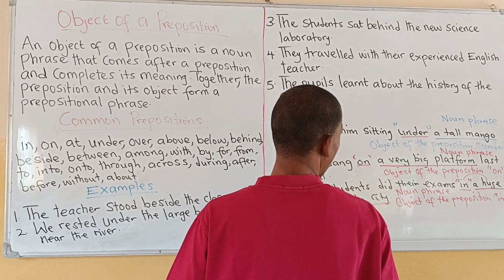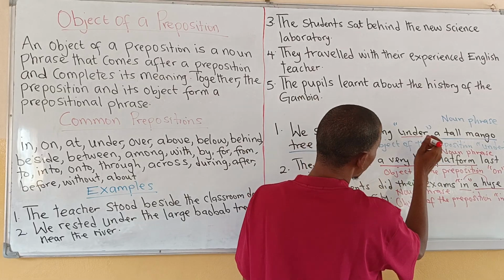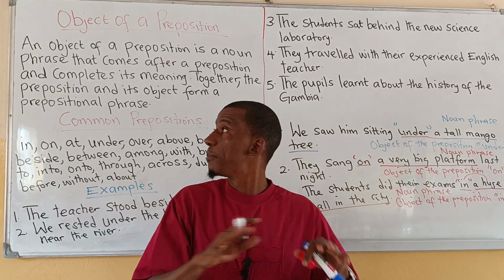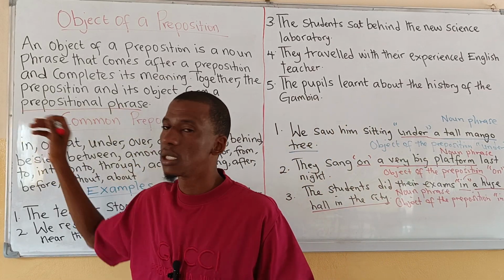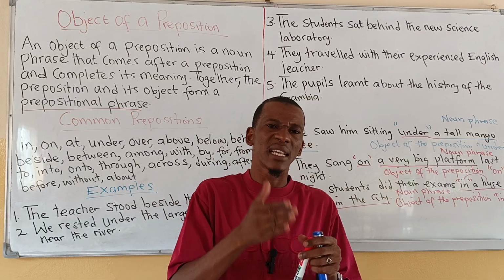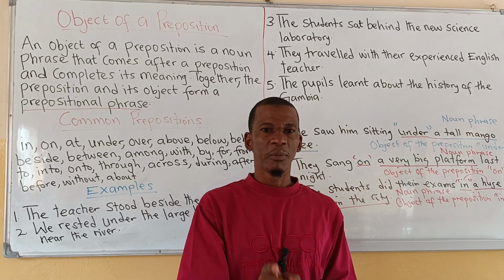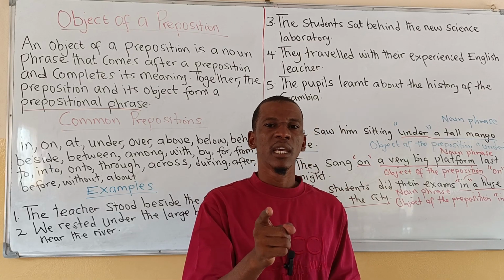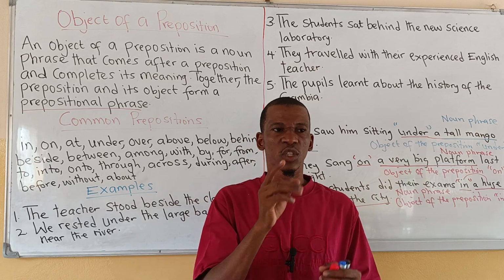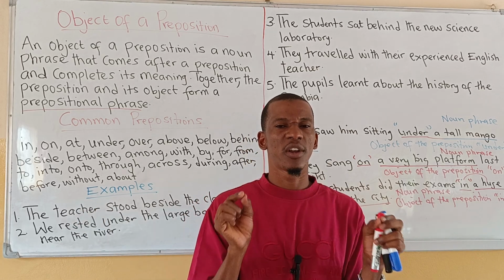We are saying that if you take the noun phrase and join it with the preposition, then you have what we call a prepositional phrase. But when we are dealing with a noun phrase functioning as the object of a preposition, the preposition will not be underlined. Because once the preposition is on the line, it will not become a noun phrase. It will become what we call a prepositional phrase. So the preposition will not be underlined.